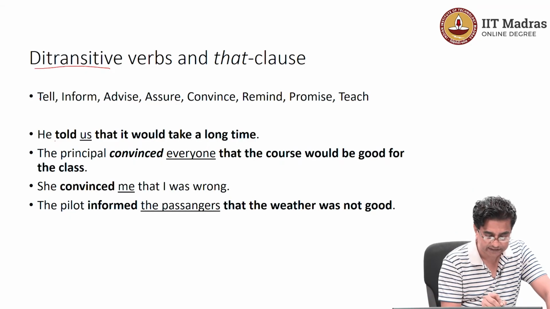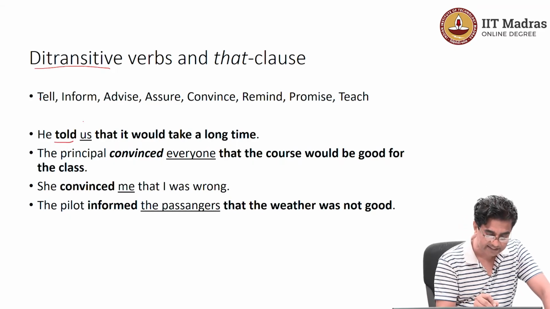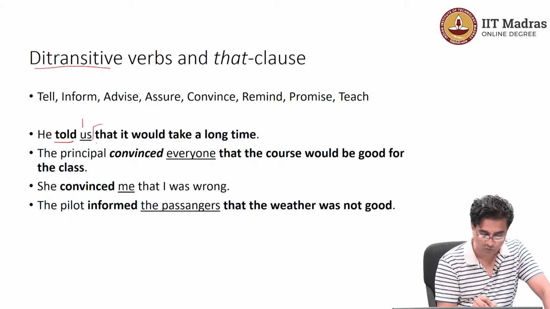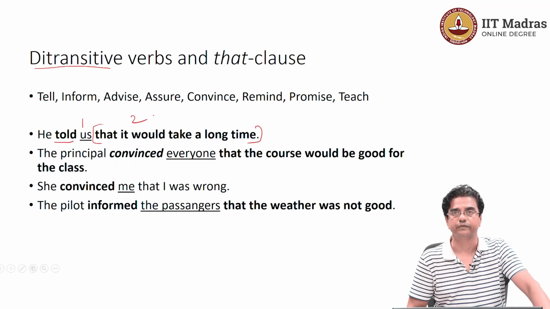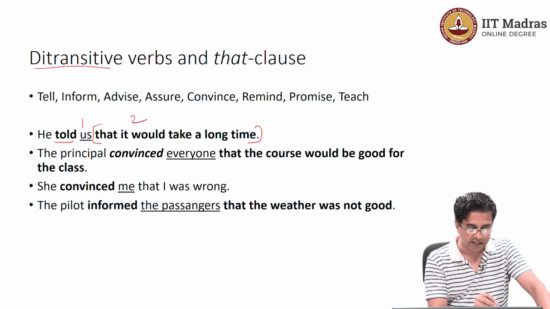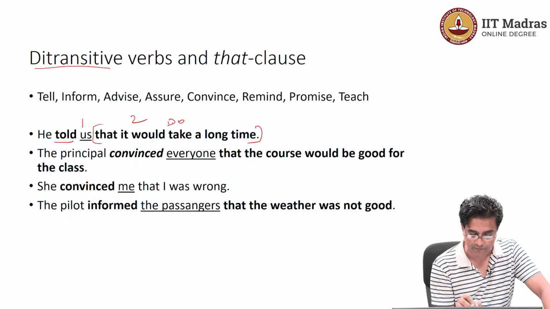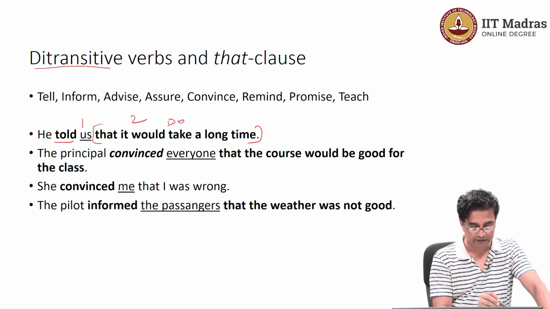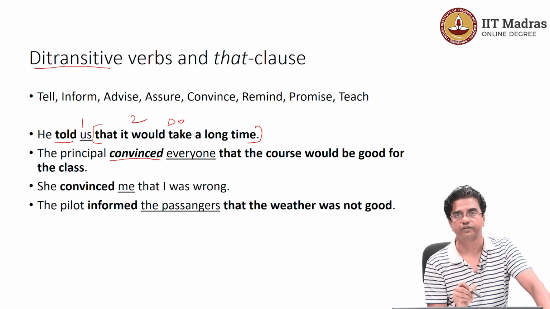Keep in mind, tell is a verb which takes two objects. Us is one, and this whole thing is the second object. So us is the indirect object, this is the direct object. The principal convinced everyone that the course would be good for the class. Convince is also a verb which needs two objects.